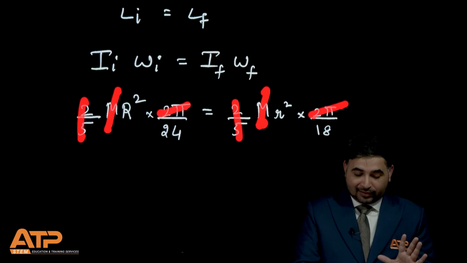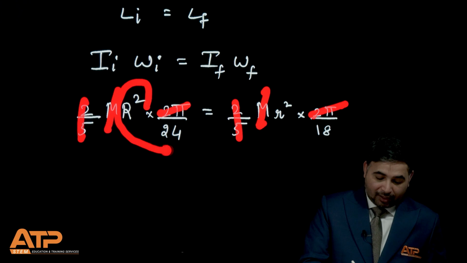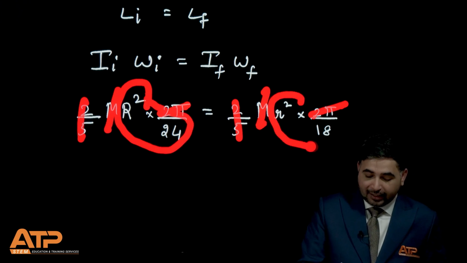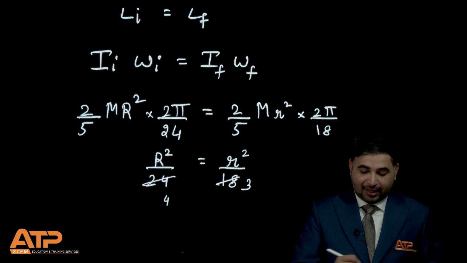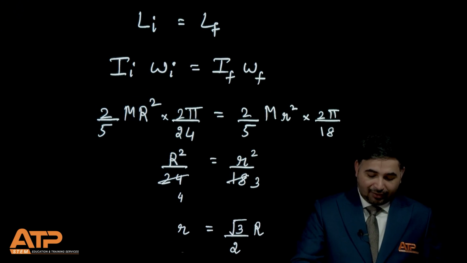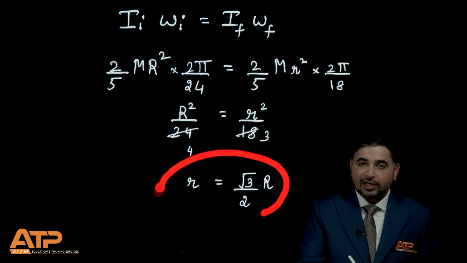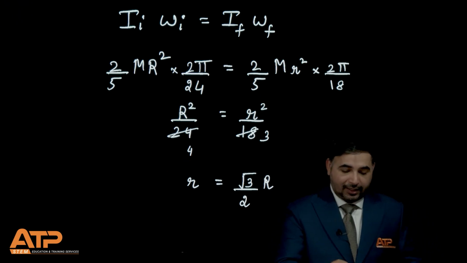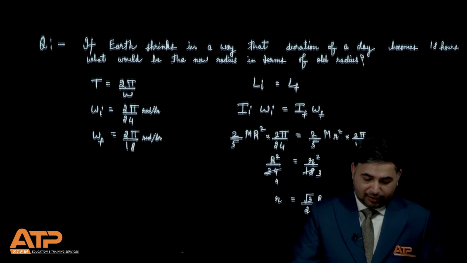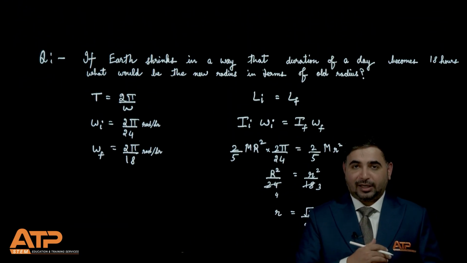The only thing that is different is r square by 24 and r square by 18. If we cancel and solve, we will get r as root 3 by 2 capital R. This is the answer if there is a question about conservation of angular momentum like this.